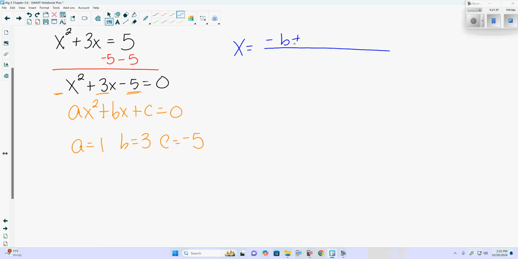Our quadratic formula, x is equal to negative b plus or minus the square root of b squared minus 4ac all over 2a. Questions on how we found a, b, or c before we start using this equation?